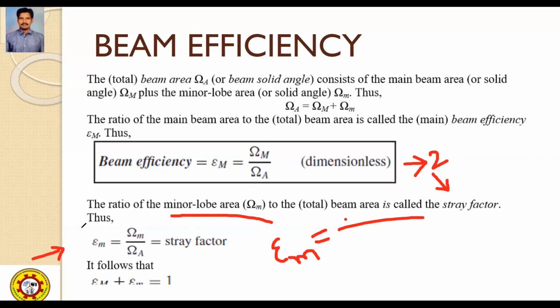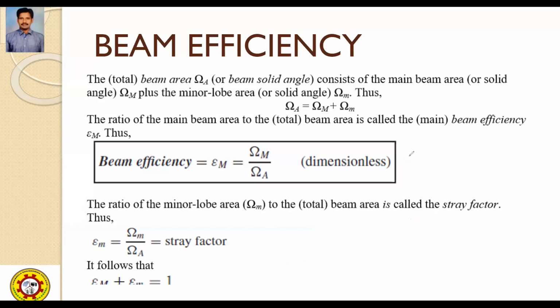In this slide we have three definitions. One is total beam area in terms of major and minor. The second is beam efficiency. And the third definition is the stray factor. The stray factor is defined by the ratio of minor lobe area to total beam area. Clear?